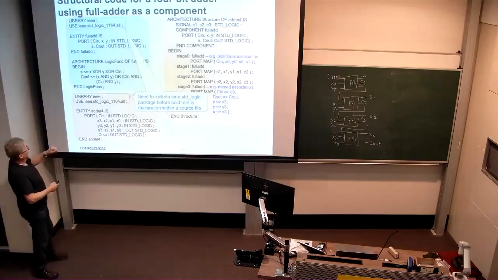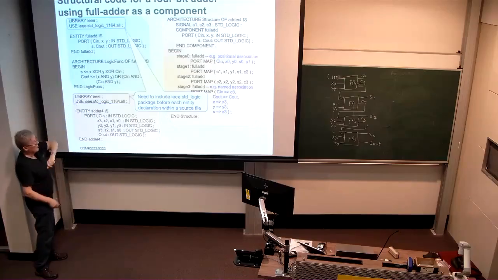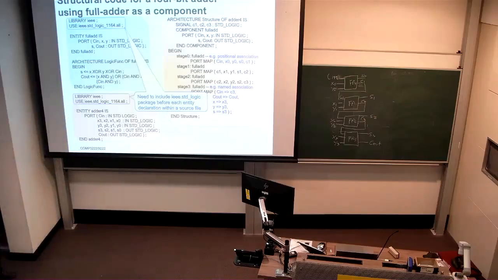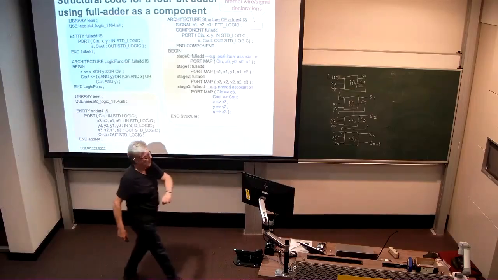Because of that, we have to have a separate library IEEE, and use IEEE.std_logic_1164.all line ahead of each one of our designs or design entities within the VHDL file. Okay? You haven't seen the declaration of internal signals before, so that's done there as well. And this is the structure that results from doing this.